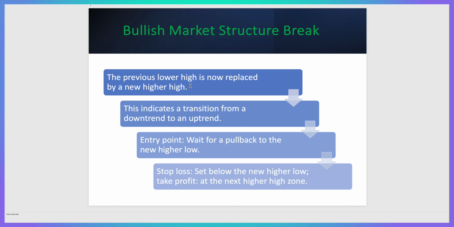This talks about the reversal of downtrend to an uptrend. They say wait for a pullback to the new higher low and then move out. Sometimes that's not going to give that to you. Why? What if the breakout is steep? If the reversal is V-shaped, it's not going to pull back to the higher low. It will pull back to the lower high.